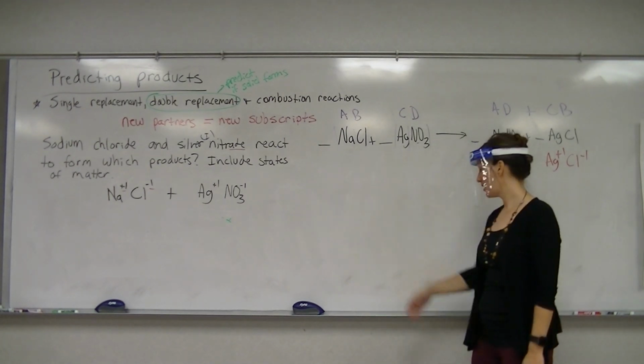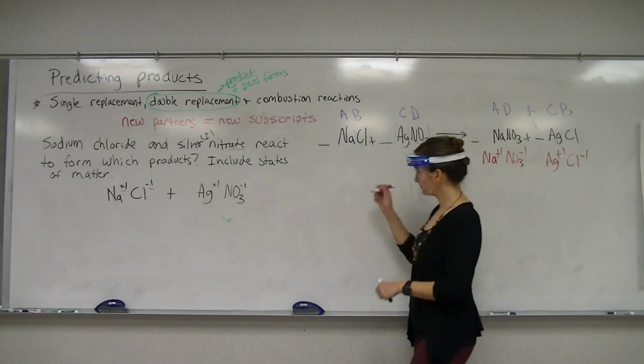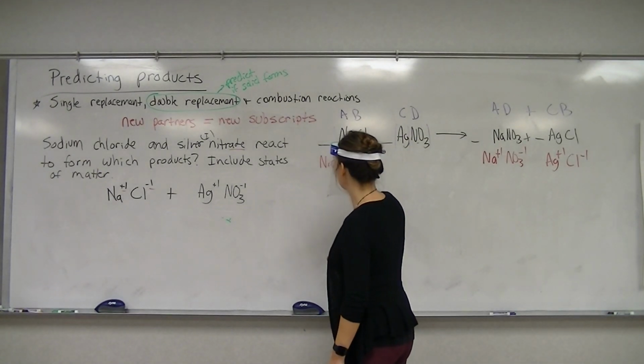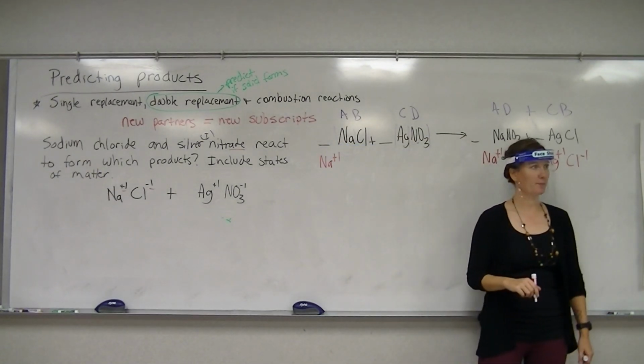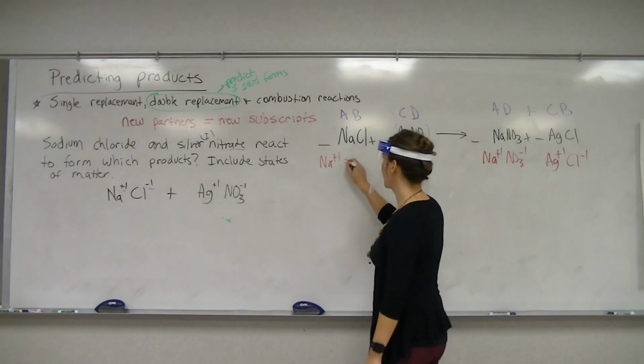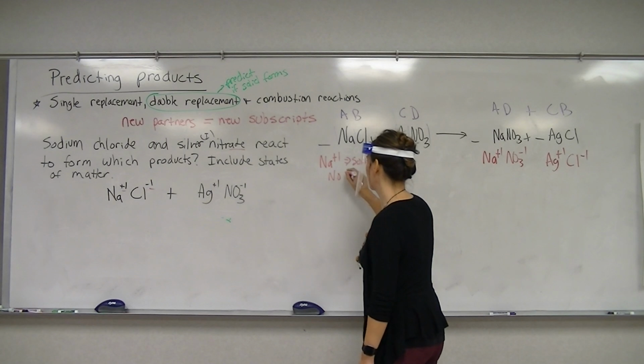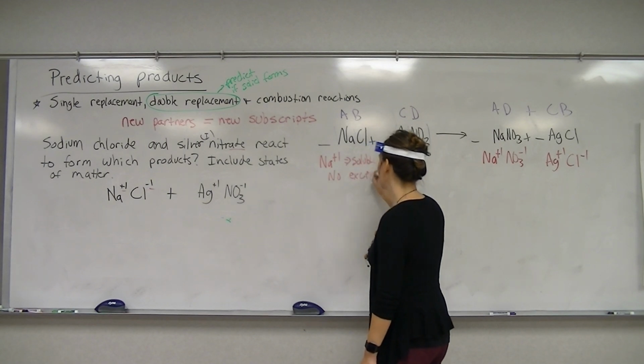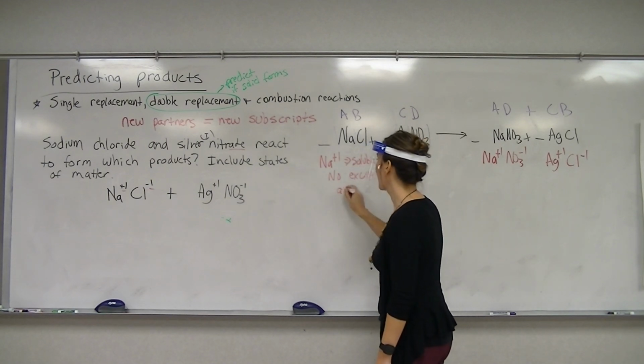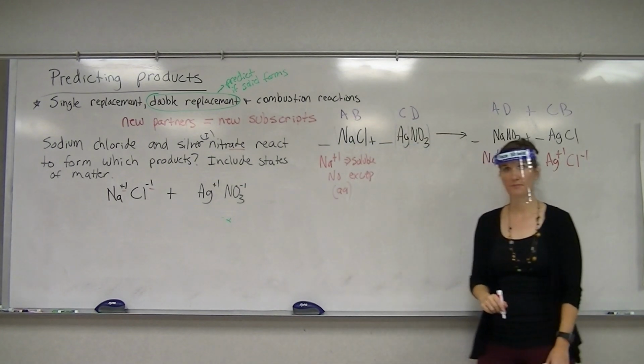So if you look up these compounds on your solubility tables, I think sodium is going to be the easiest one to find because it's in that very first row. Yes. And it says that it is soluble, no exceptions. So that means soluble or aqueous all the time.